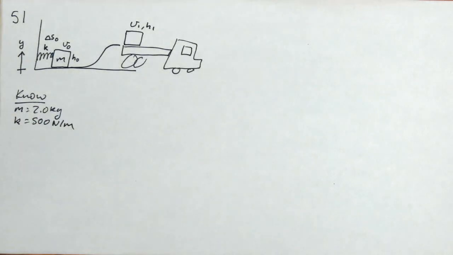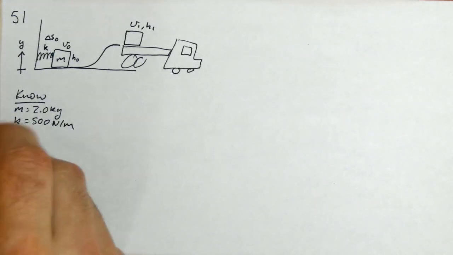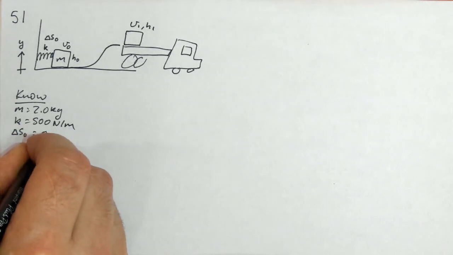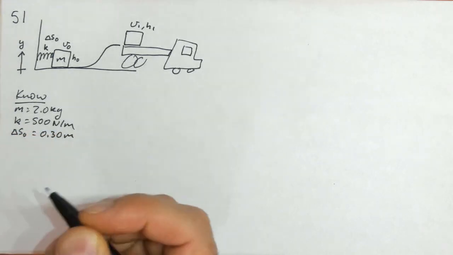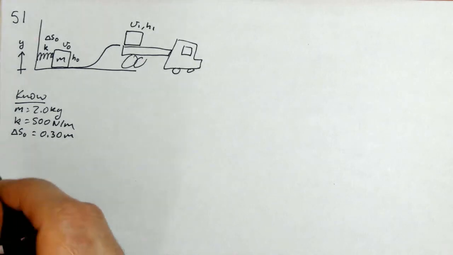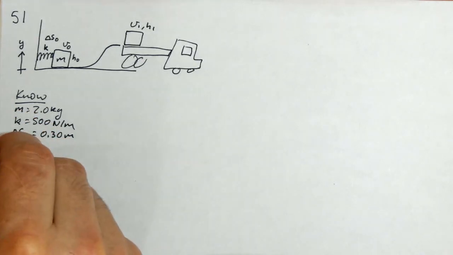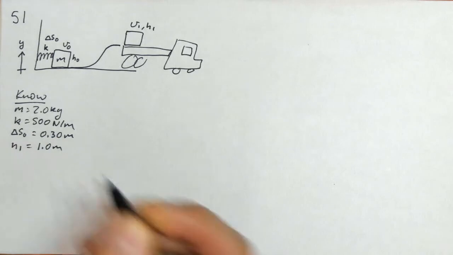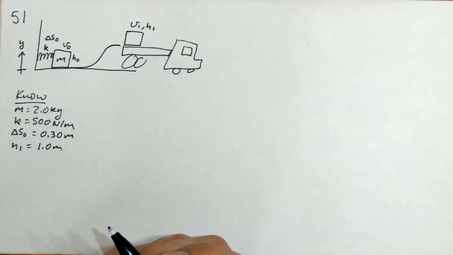That's the unit for spring constant. I know that it is initially stretched, delta S0, by 30 centimeters, or 0.30 meters. And then I know that the height of the bed of the truck, so h1, is 1 meter. So those are things that are given to me.